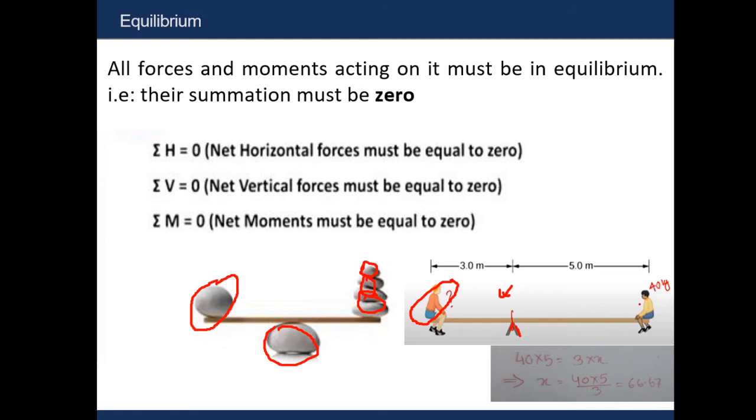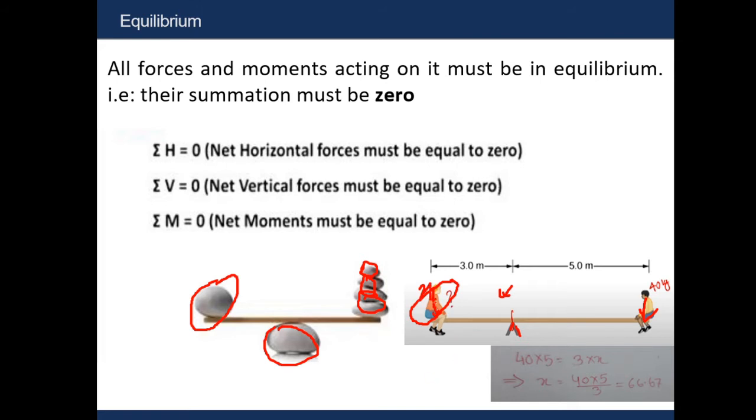We can see that this person is applying 40 kg at a distance of 5 meters from the support. We don't know the weight of the other person, so suppose we consider this weight to be x kg.